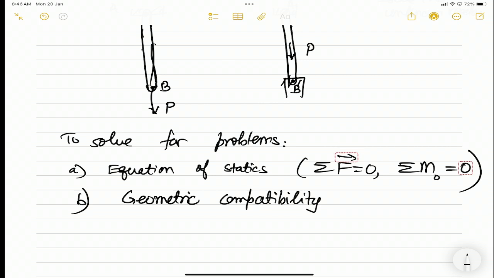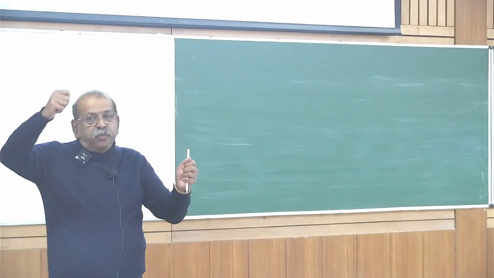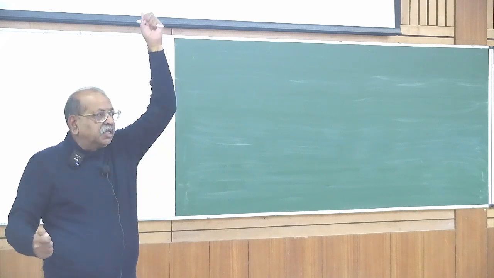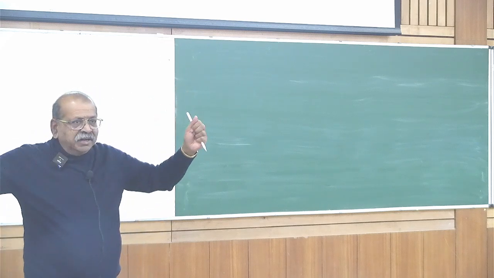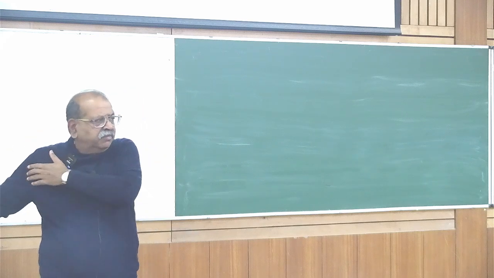Then we will be looking at the geometric compatibility. In certain cases, if it's a straight member and if the member is pulled down by one side, then on the other side it has to go up, and then deflections have to follow similar triangle type of thing, as again we will see these.